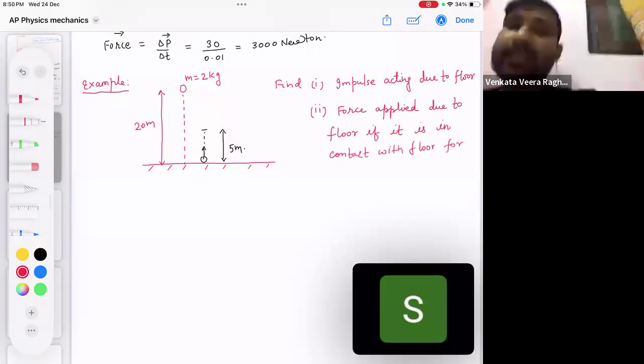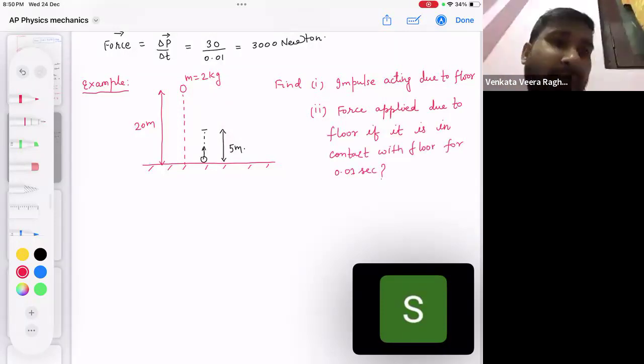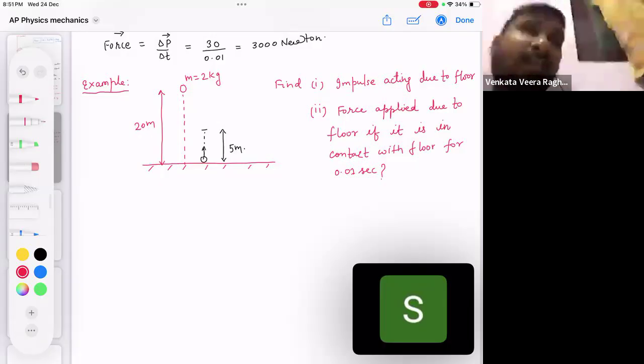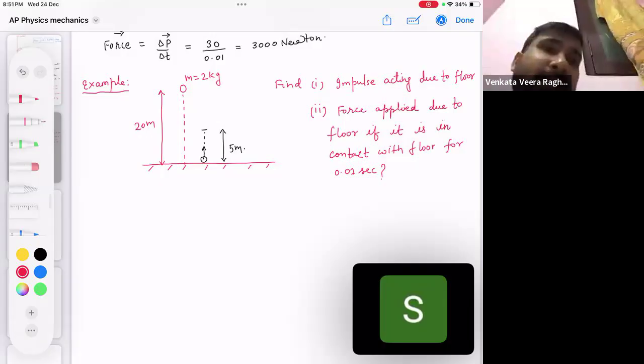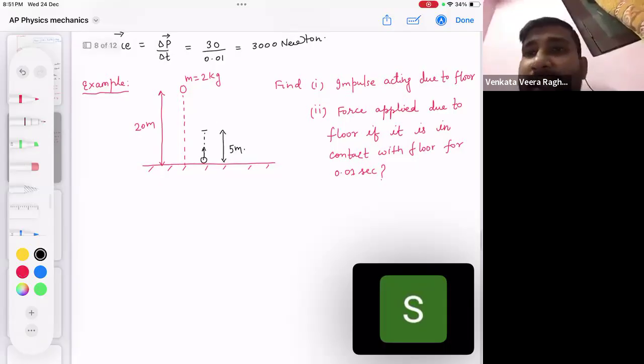Question. Please tell me what is the difference in the first question and in the second question. In the first question, velocity before striking was given straight away, and velocity after striking was also given straight away. This question, it's not given. What will we do then? Tell me.